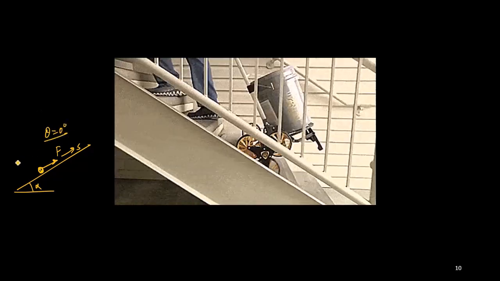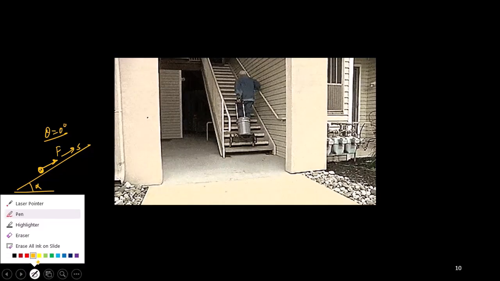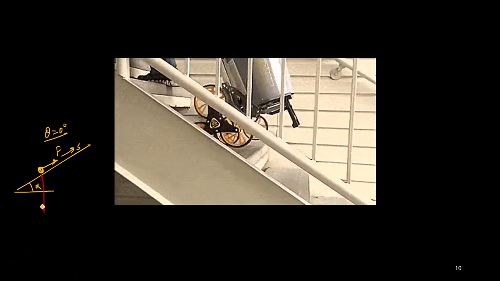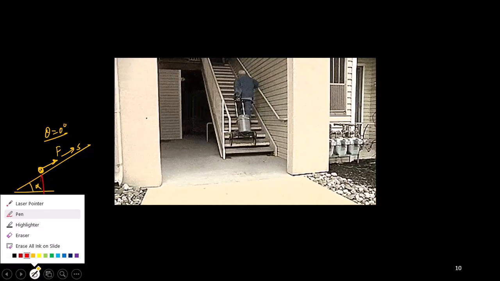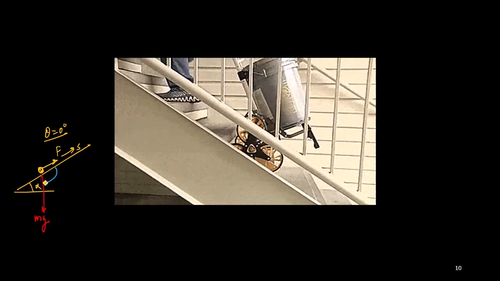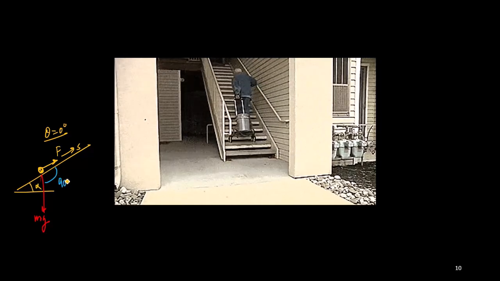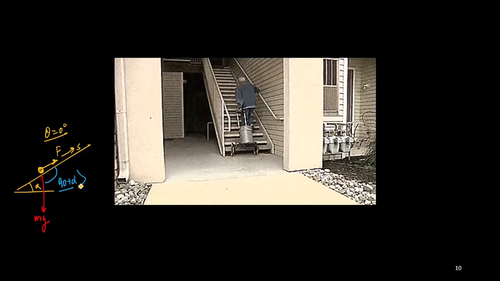So can I say theta is equal to 0 degree for A? But if I consider the weight of this body, so weight is acting downward, mg is acting downward. So for the mg force, the theta is how much? Theta is now an obtuse angle, this angle. What is that angle? That is 90 plus alpha. Okay, and that is greater than 90 degree.